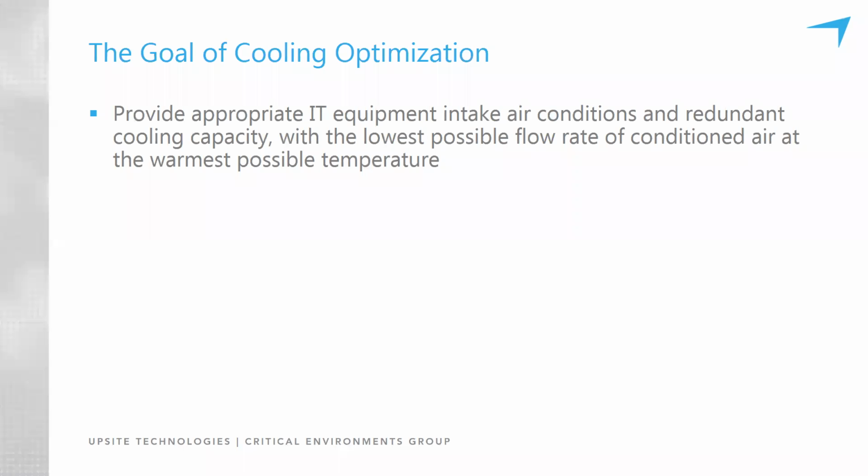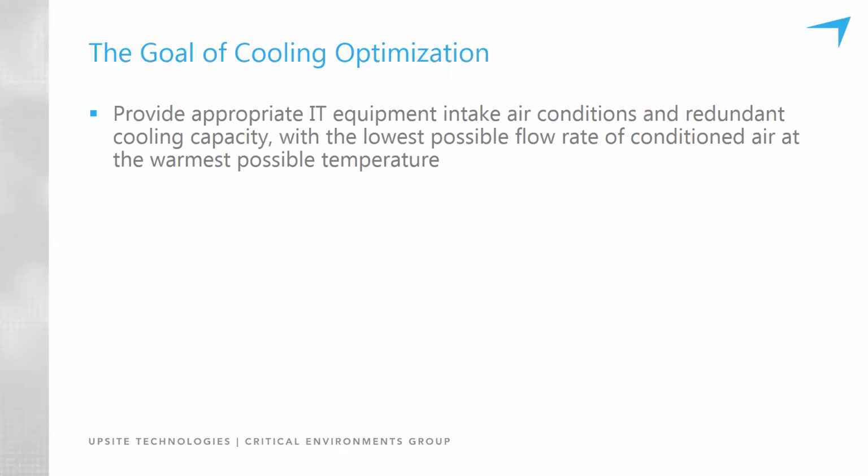The goal of cooling optimization is to provide the appropriate IT equipment intake air conditions and redundant cooling capacity with the lowest possible flow rate of conditioned air at the warmest possible temperature.